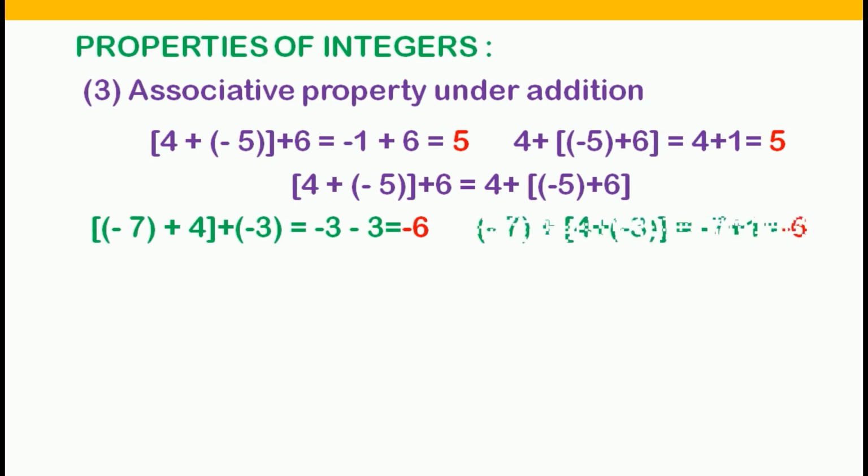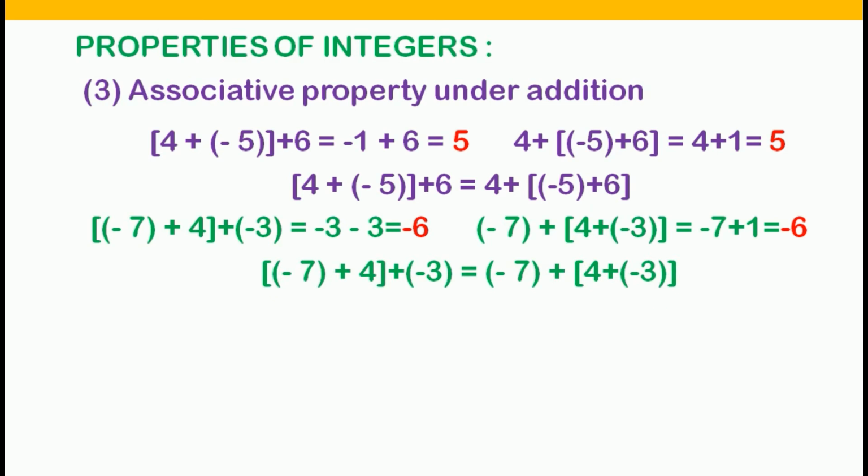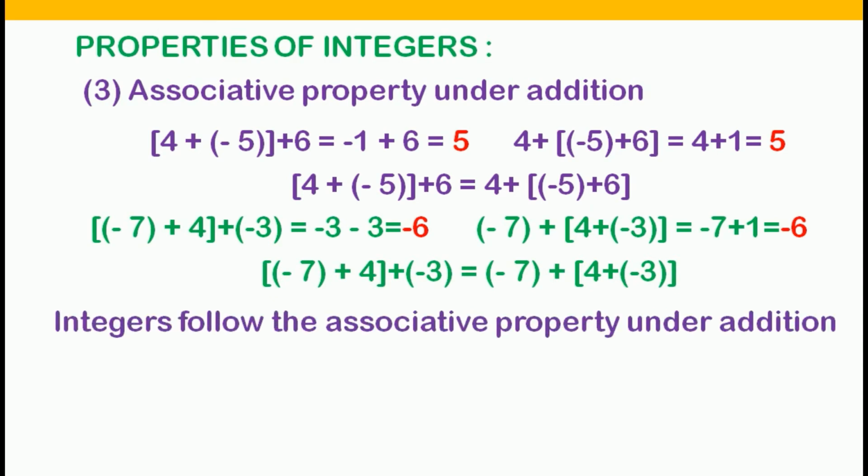Taking another example, the result is same, as minus 6. So we can conclude that integers follow the associative property under addition. You can take two more examples and check the results.